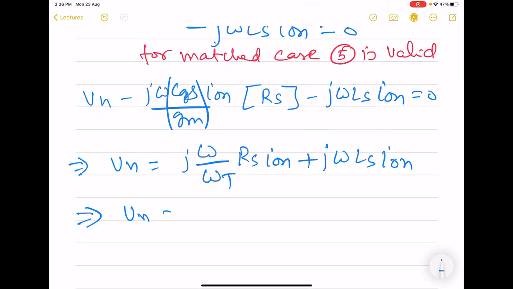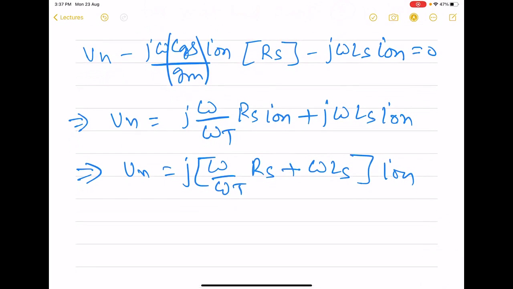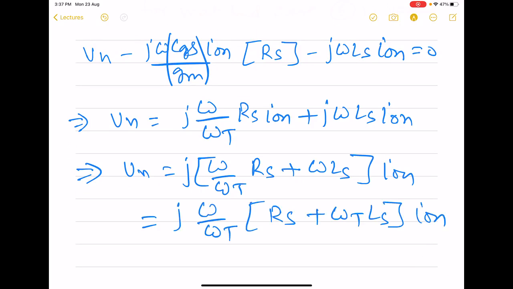Now this Vn becomes omega by omega T Rs plus omega Ls into ION, and here we have j. From here we can take out j omega by omega T common, and we will have Rs here, omega T here, Ls ION.